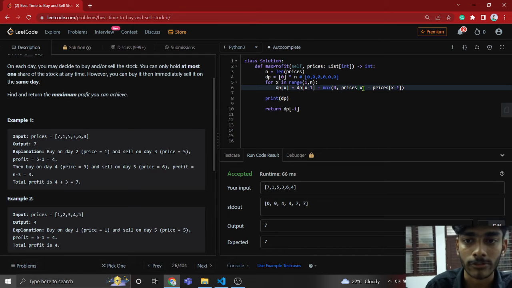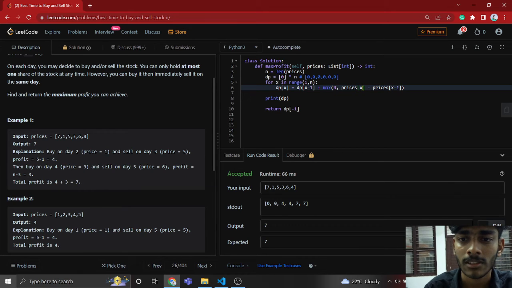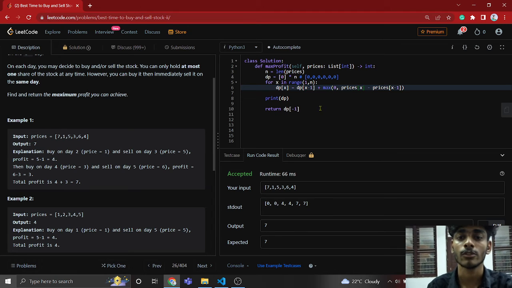Prices of 2 is 5, and 5 minus 1 is 4, so max of 0 and 4 is 4. Yeah, likewise we will move on.